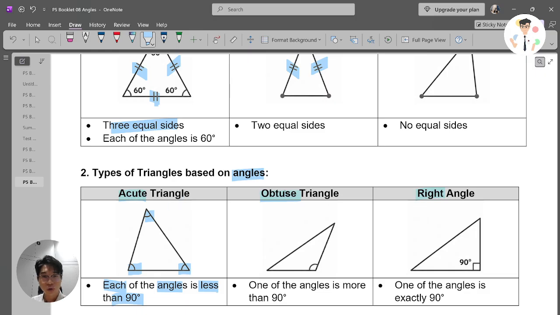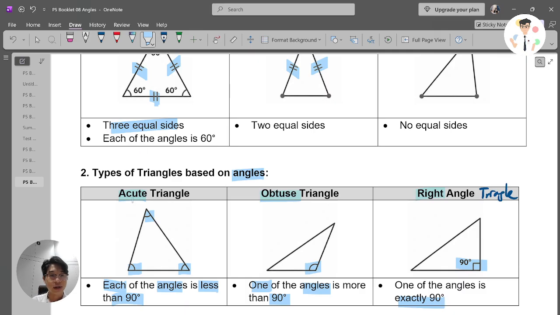An obtuse triangle means that one of the angles, no matter whether it's this or this, is more than 90 degrees. Then it automatically becomes an obtuse triangle. In this case, I know this one is more than 90. And for a right angle triangle, one of the angles must be exactly 90 degrees.